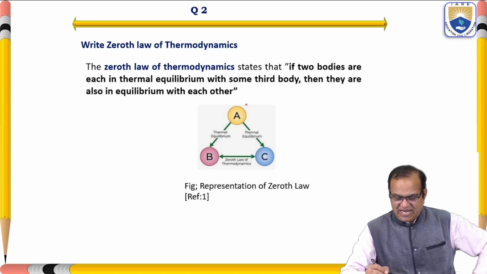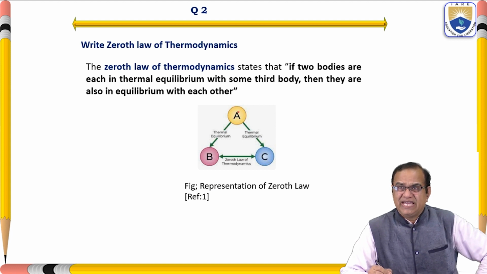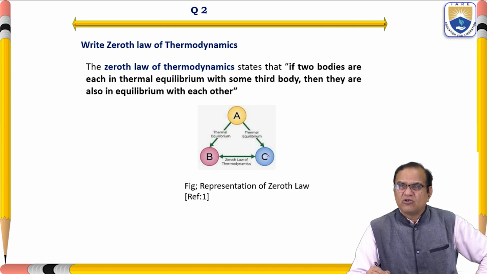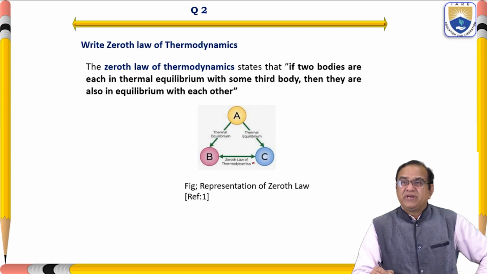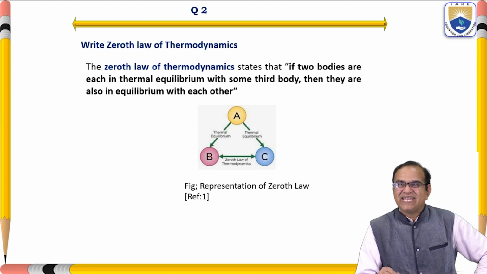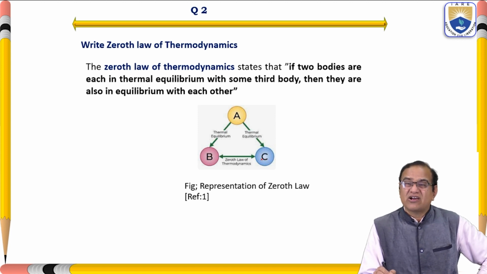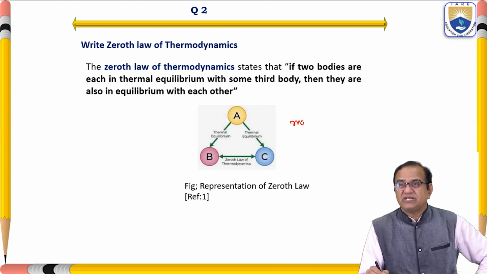You can see here that there is a body A. This body has thermal equilibrium with body B, and body A also has thermal equilibrium with C. Without touching, we can say that bodies B and C are also in equilibrium. That is the concept of measuring the temperature.